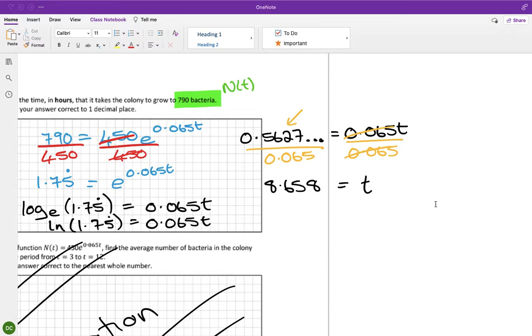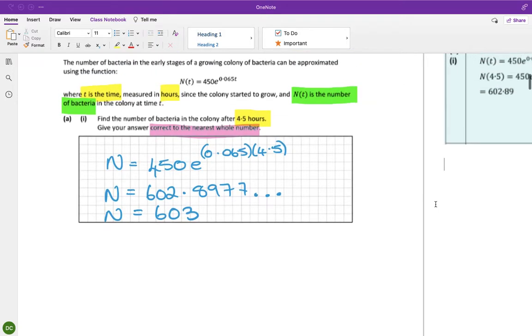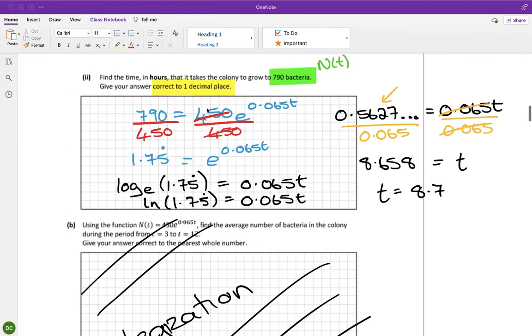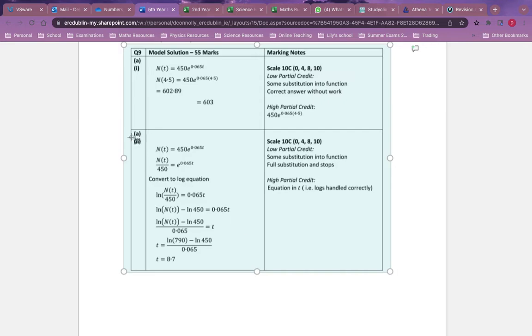It says correct to 1 decimal place, so that is 8.7. We were told at the beginning that the time is in hours, so that is 8.7 hours. Okay, 10 marks again.